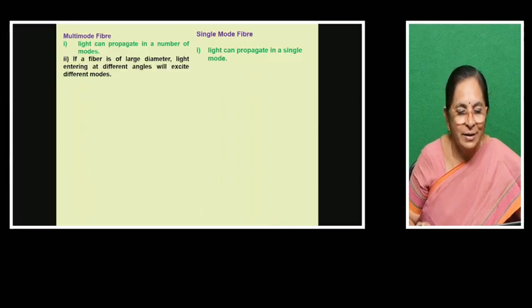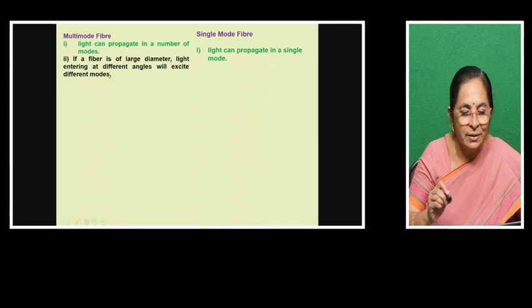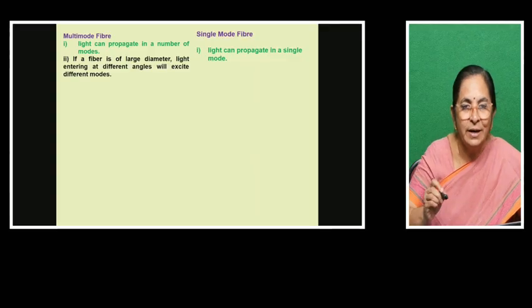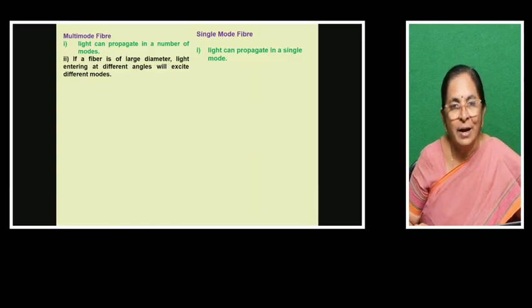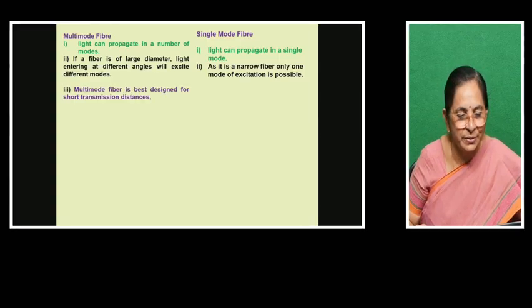Here multiple signals are given, so multiple excitations, different modes would be there. So the rays entering the cable at different angles will excite different modes. Whereas in the single mode fiber, only one signal we are sending, so only one mode of excitation is possible.